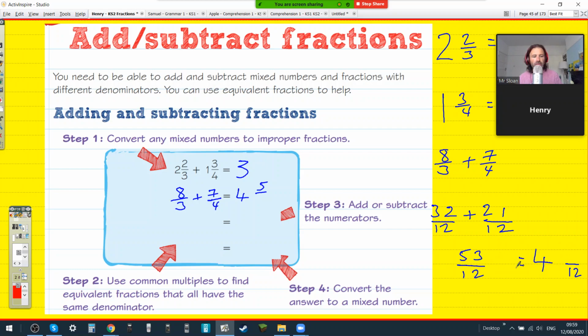What is 12 times 4? 48. Oh my god, how do I not know that? So the remainder is 5/12. Very good.